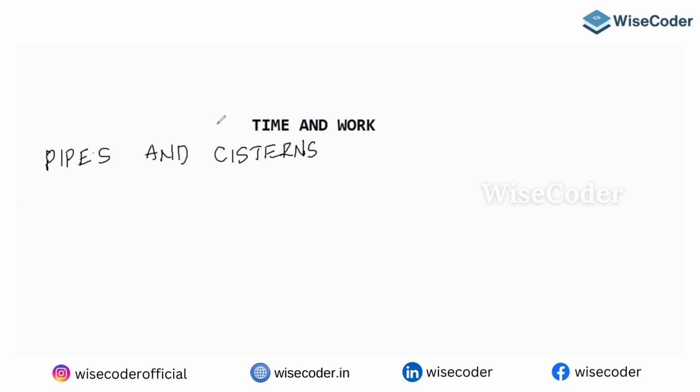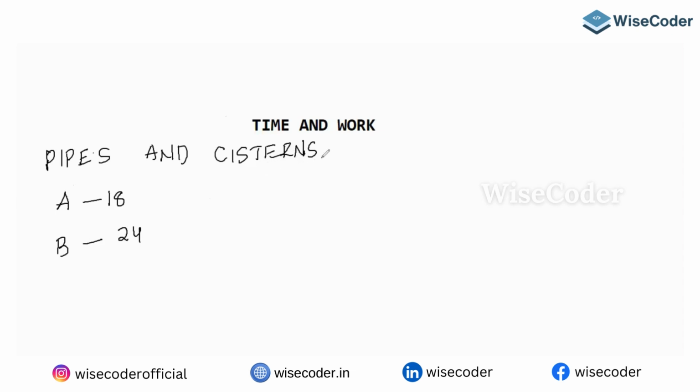Okay, guys, look here. The question is pretty simple. A and B, there are 2 pipes. This is filling in 18 minutes. This is filling in 24 minutes.